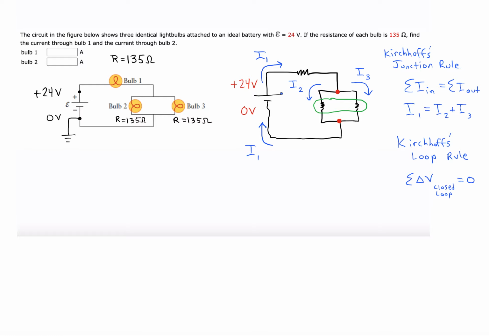Now, it's a little tough to analyze the loops right now because there's so many circuit elements involved. But if I was to just simplify it on the side to show Kirchhoff's loop rule, I'm going to show what I mean by a closed loop.